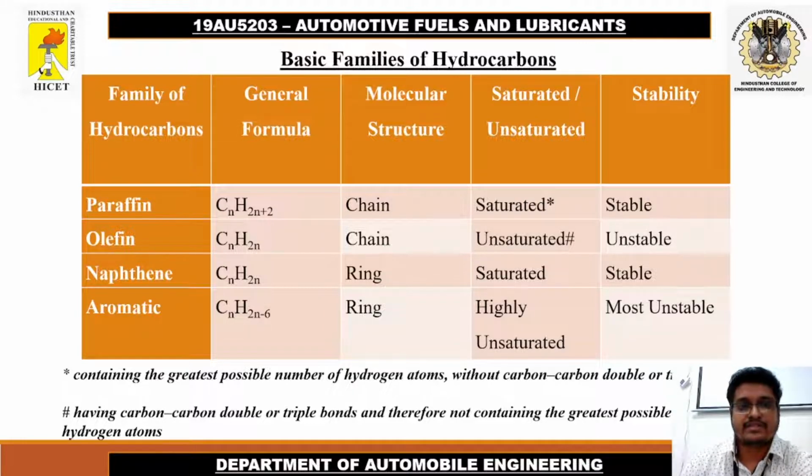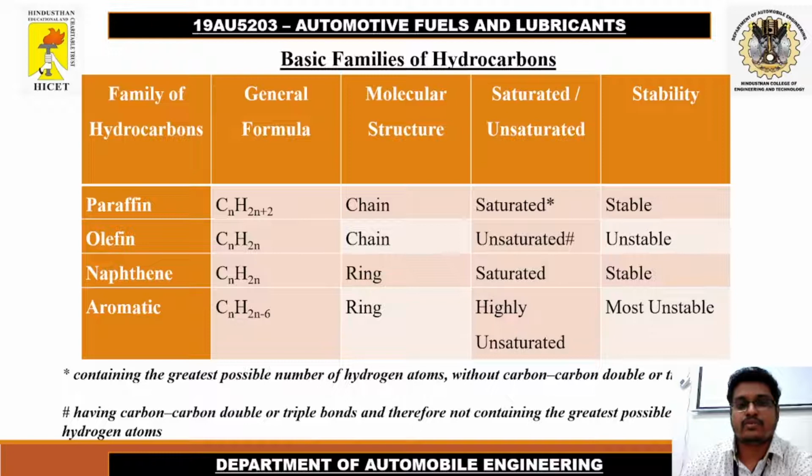Next, olefins. Olefins have the general formula of CnH2n. This also has a chain type of molecular structure, but it is unsaturated. Unsaturated means having a carbon-carbon double bond or triple bond and therefore not containing the greatest possible number of hydrogen atoms, which means it is highly tedious to break this chain.